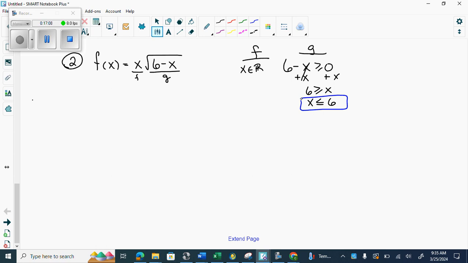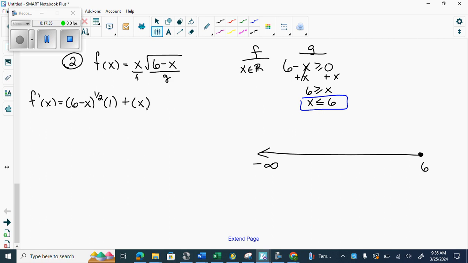All right. So first off, we have to get critical numbers, but we know our number line is going to have to be less than or equal to 6. So it's going to be 6 to negative infinity. We agree? It's not this negative infinity, positive infinity number line anymore. So we're going to do f prime of x is g, which is 6 minus x to the half, times f prime, which is 1, plus f, which is x, times g prime.